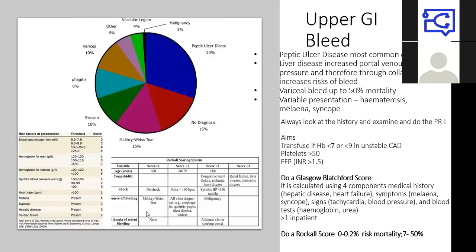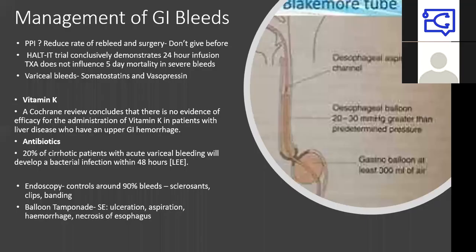And the pre-endoscopy Rockall score just gives you the risks of rebleed and the risks for retherapy, okay? And this is something that's very useful to be aware of. It can really change the risk of mortality and the risks for needing to go back to theatre, as well as for endoscopy.